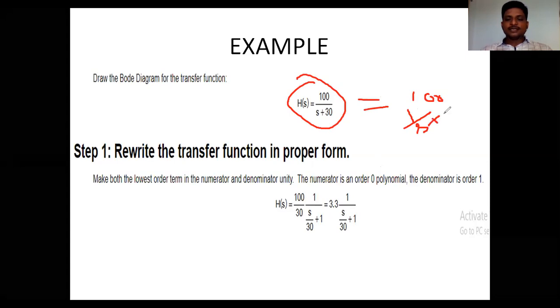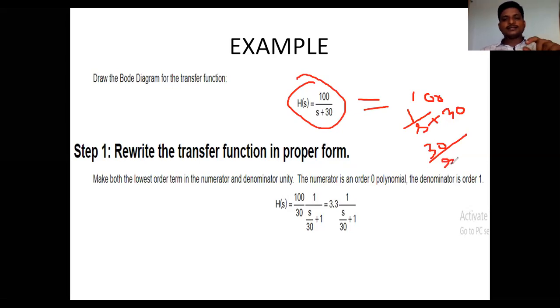So that can be written as 1 by s plus 30, or you can say 30 by 30. So we have to write it in the form of a standard function. What is the standard function of first order? It is 1 by 1 plus st. Therefore you have to multiply and divide the numerator and denominator by 30.